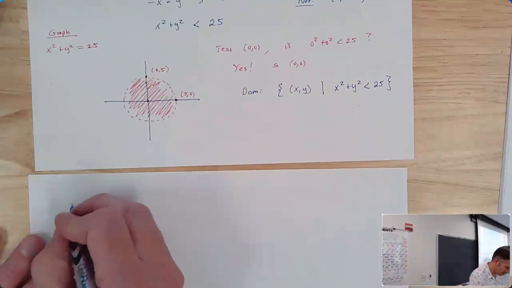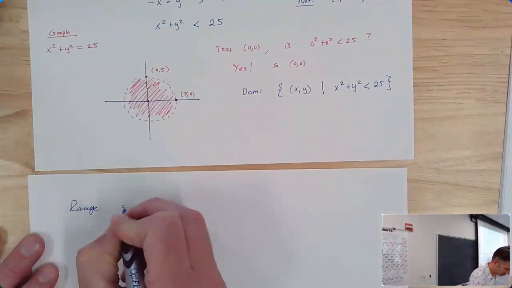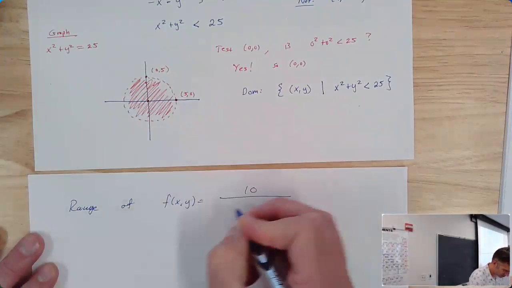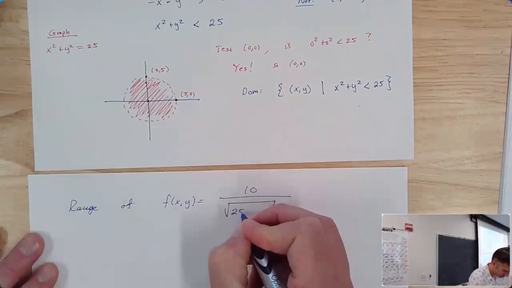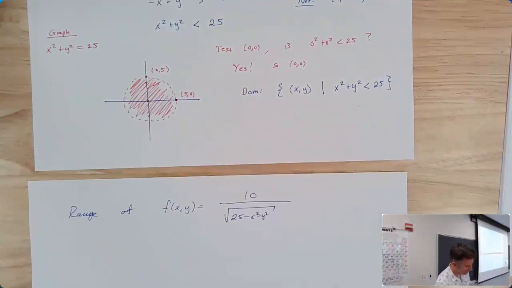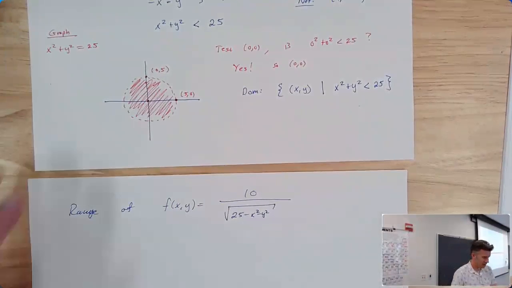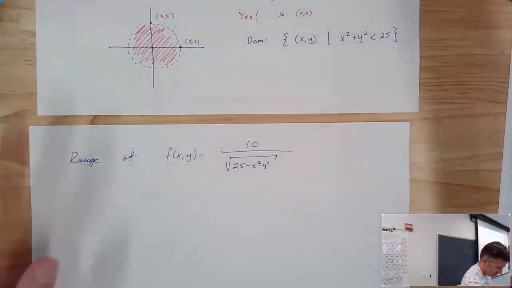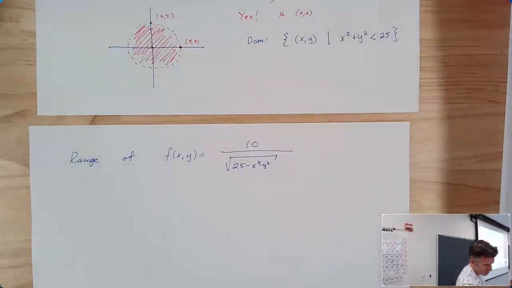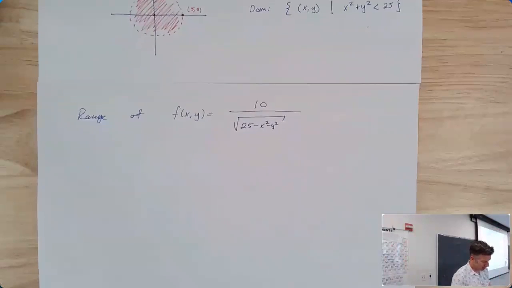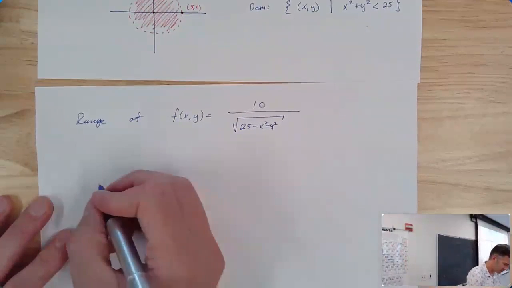So what about the range of this function? When I think about the range of a function, again, I'm trying to think about how big it can be and how small it can be. So when I have fractions or rational expressions, when I have denominators, I'm thinking the following.